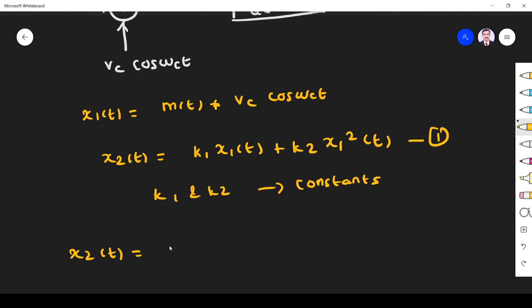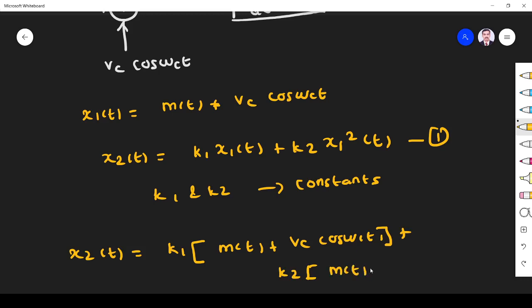It will become k1 times m of t plus Vc cos omega ct, plus k2 times m of t plus Vc cos omega ct whole square.